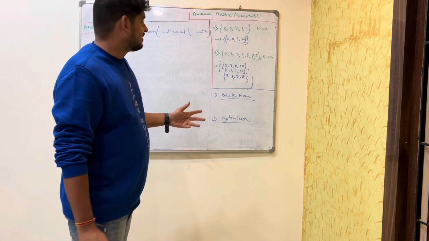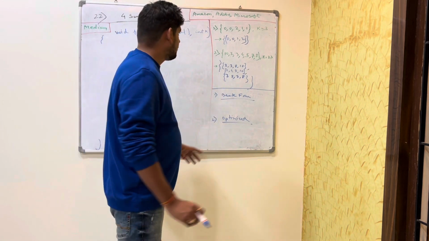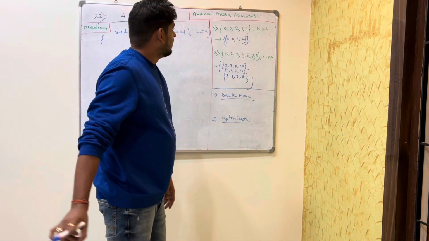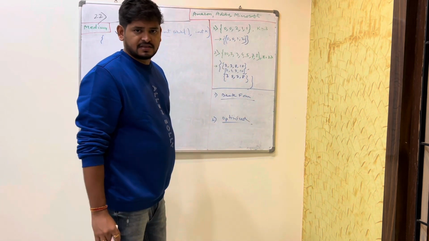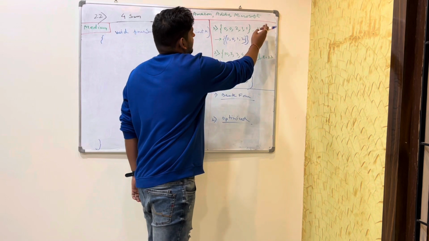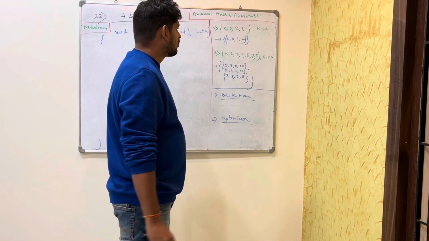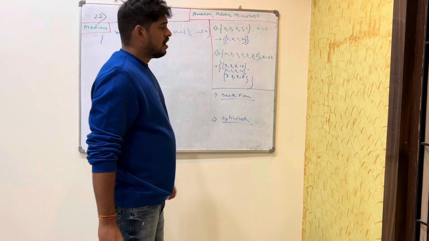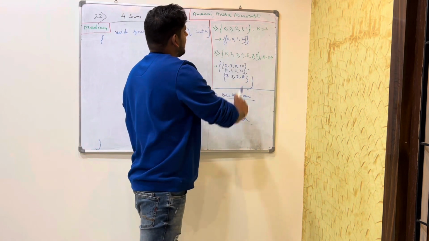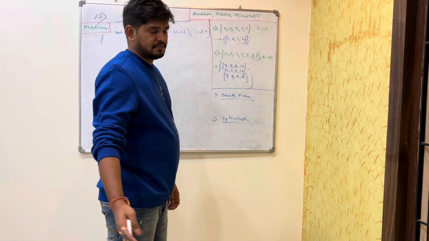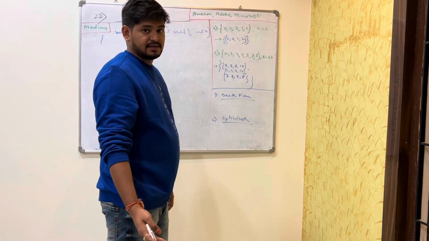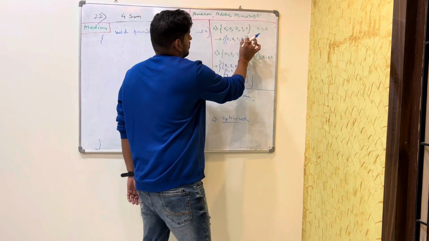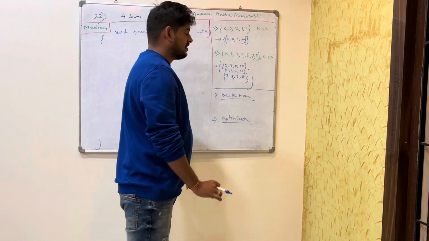So, let's begin. The four sum problem: we are given an array of numbers and a value k. We need to return or print all the arrays of elements whose sum is equivalent to the value k.